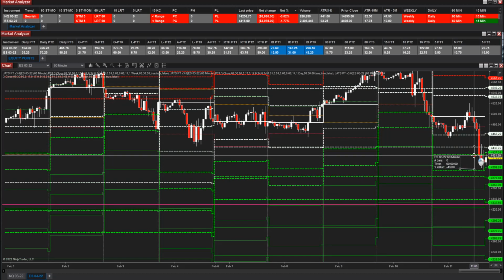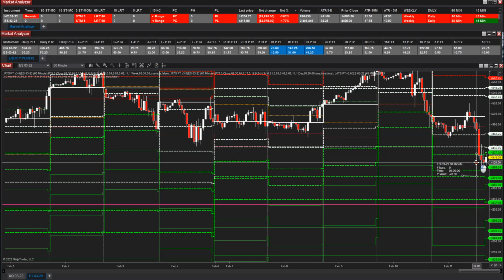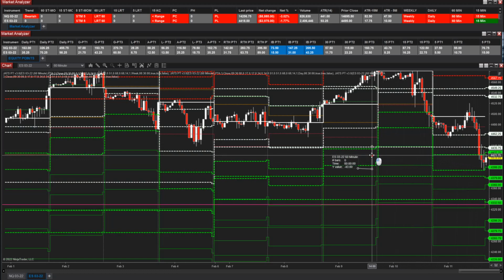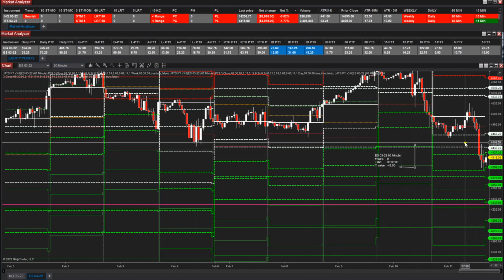So mix and match your targets, and that way if you do decide to take a trade on one of these big levels like that weekly PT1, that's when you want to drop it down to a lower time frame, like maybe a 5 minute, and try to get positioned on that weekly one as close as possible to it.